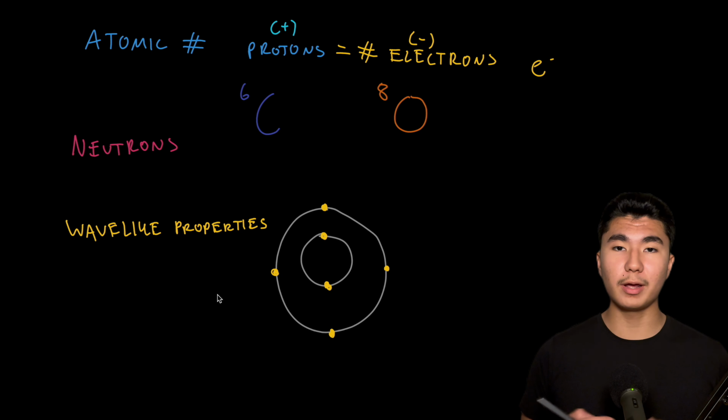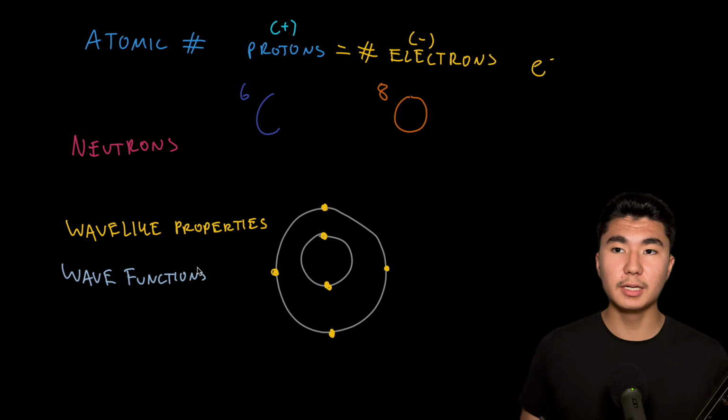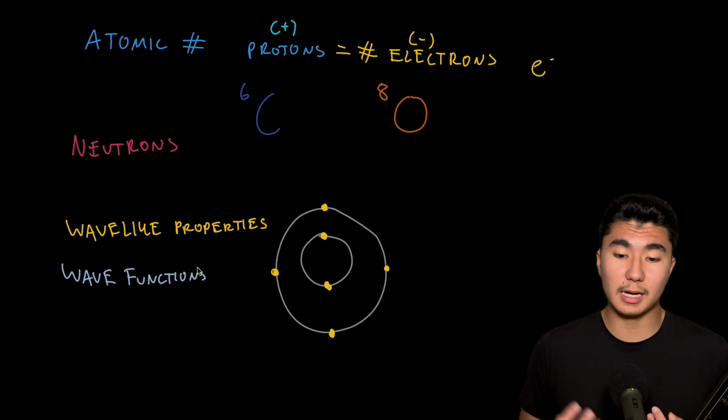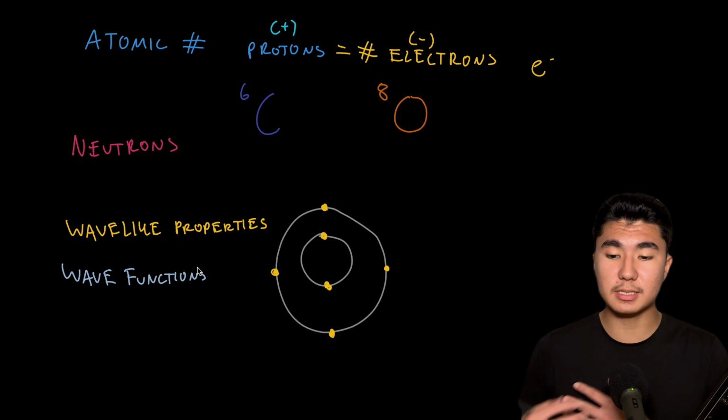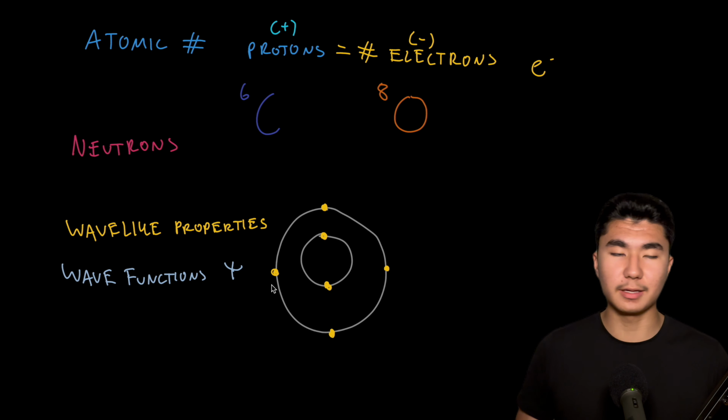They move in wave-like projections, and they're expressed in wave functions. So I'm going to put this in a different color. Wave functions. This is how we mathematically express how electrons are moving. So we denote this as that Greek letter that I already forgot.